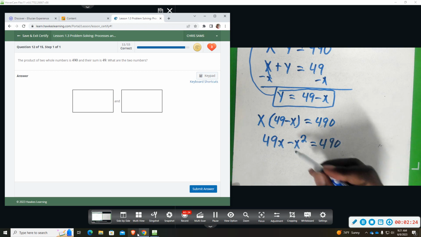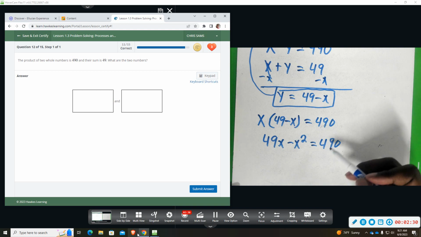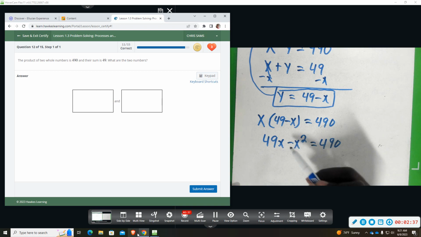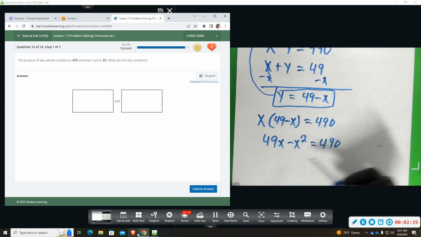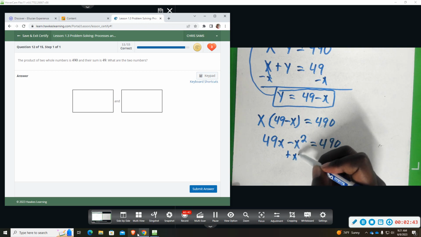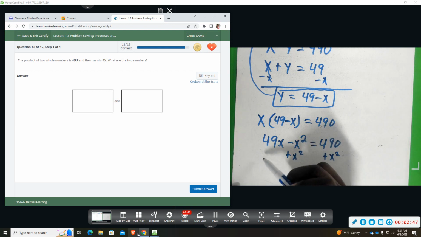So I'm going to move everything to the right side so that one side is equal to 0. I could just move the one number, but I know when we factor we want the leading term to be positive. And since this is negative, I want to move everything to the right side. So I'm going to add x squared, and I'm also going to subtract the 49x.